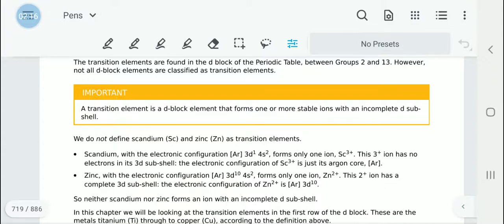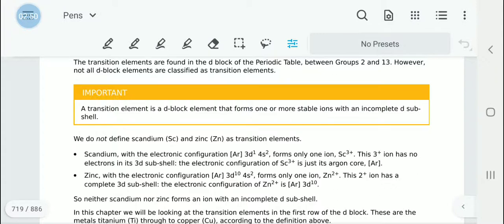Then zinc. The zinc ion is Zn2+, and it has a complete 3d subshell. So it would have the argon configuration once again, with 3d10.